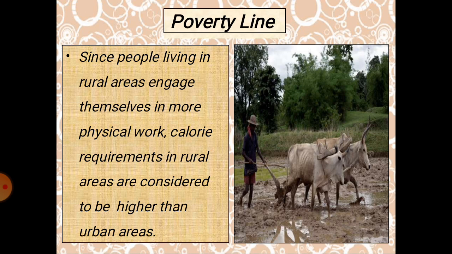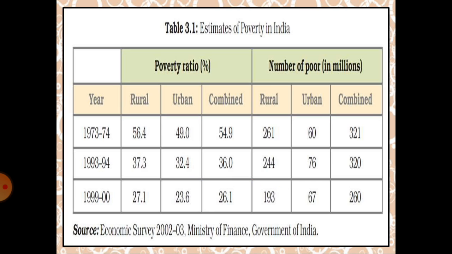So the calories required for them are higher compared to urban areas. That is why it has been described as 2400 calories for the rural area and 2100 calories for the urban area. Higher physical effort is put in by the people living in rural areas, so that is why it is so.